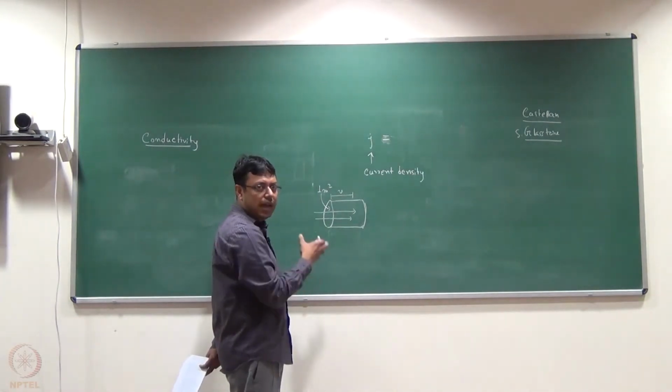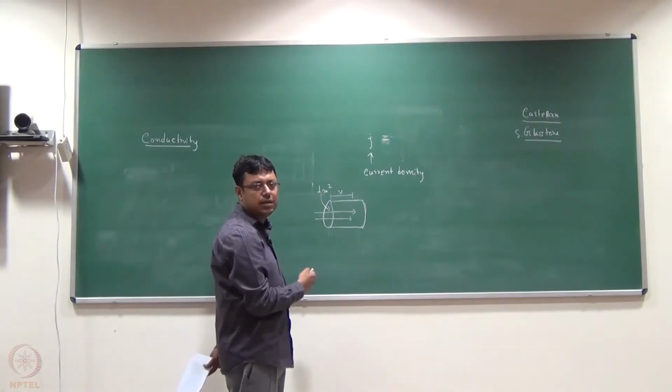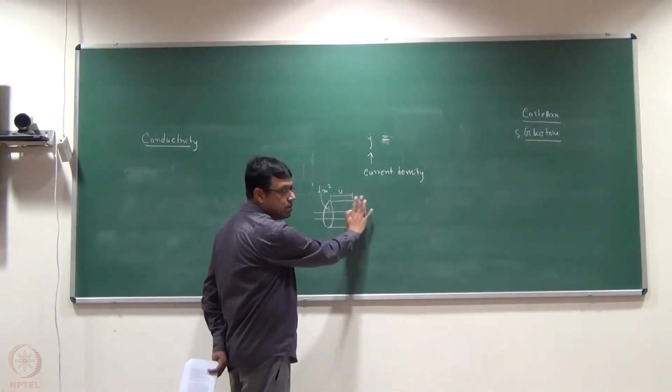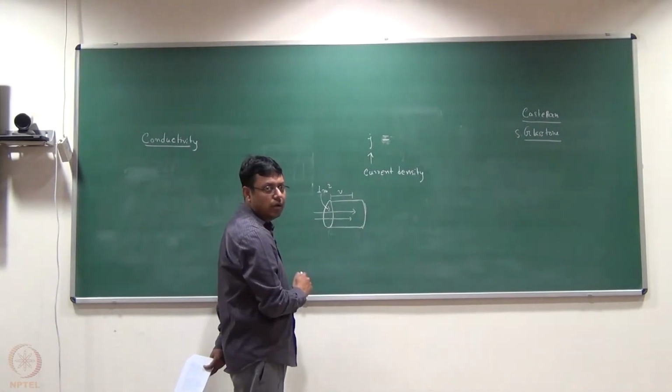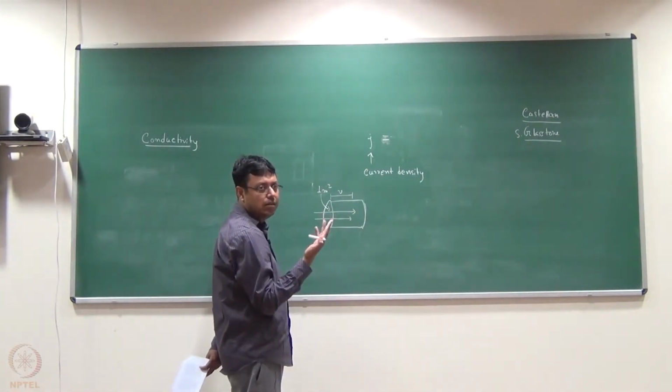Now in that volume, how many electrons do you have? If I multiply by the density of electrons, I get the total number of electrons that passed through this surface. Each electron is carrying a charge, which is proportional to e, right?